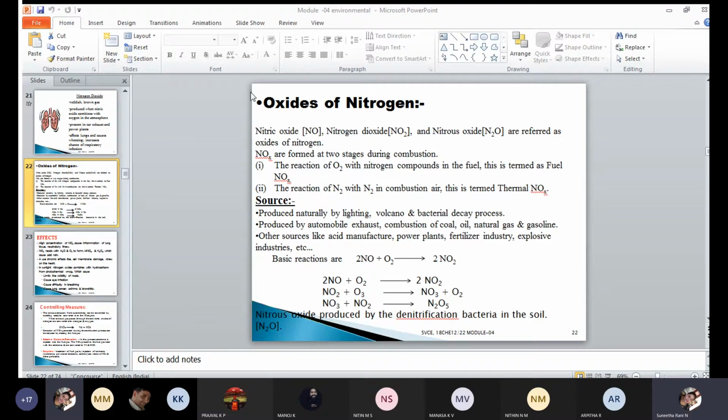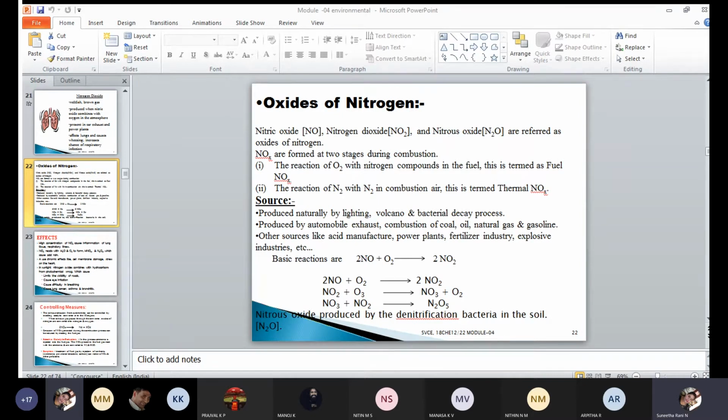This organic matter contains CH2O, as methanol or methane or any organic compound which contains carbon, which after bacterial decomposition liberates carbon dioxide and methane. Methane is nothing but a hydrocarbon, CH4.